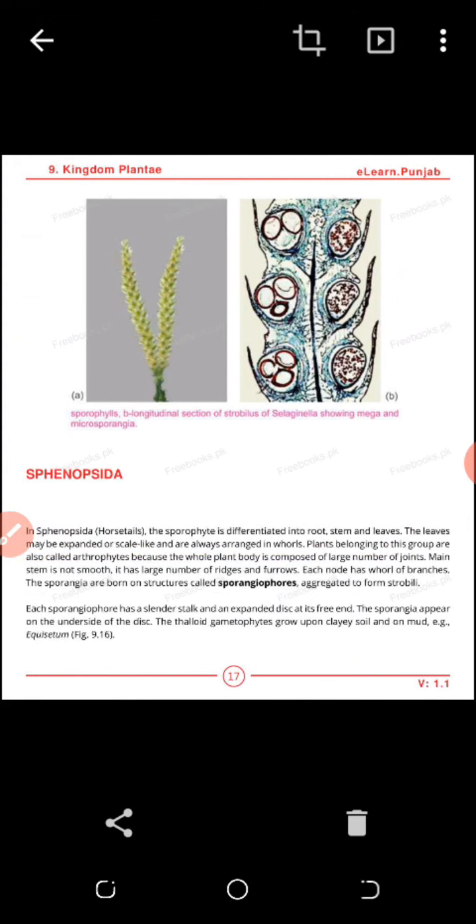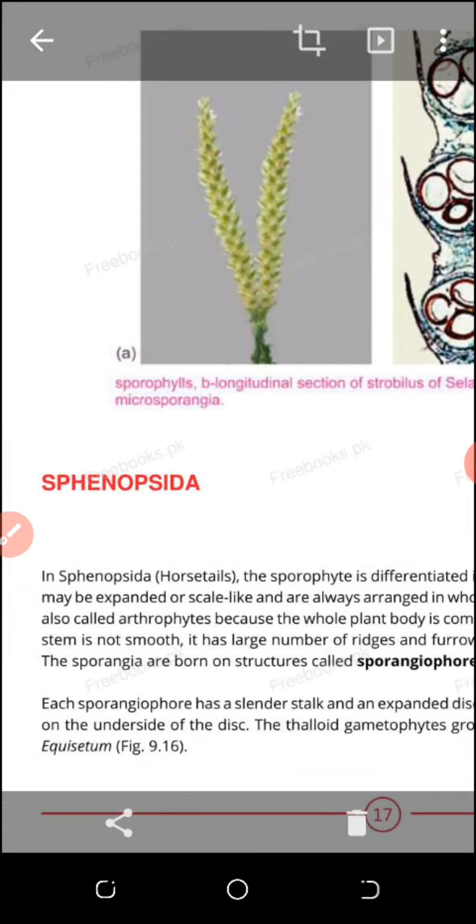Psilopsida is without leaf. These two groups are very important because they are in a transitional phase in the evolution of leaf. I am speaking of the groups of plants from less developed to highly developed. The final developed group of the plant is angiosperm, which I will discuss in the next lecture.